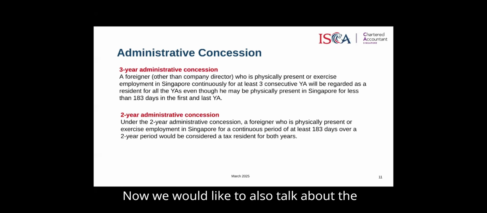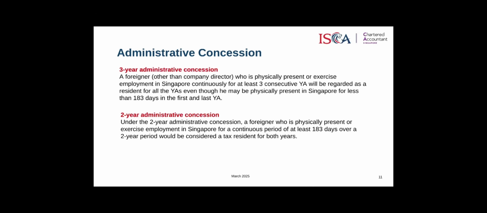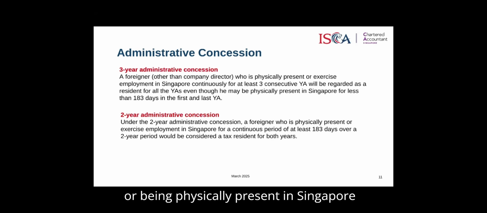Now, we would like to also talk about the administrative concession. Earlier we covered the situation where a foreigner who does not meet the general rule of either exercising an employment of more than 183 days in Singapore or being physically present in Singapore for more than 183 days would be considered a non-resident for tax purposes.